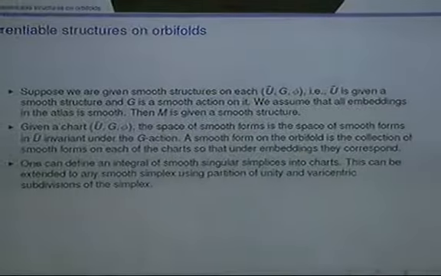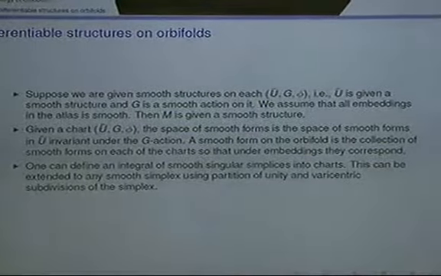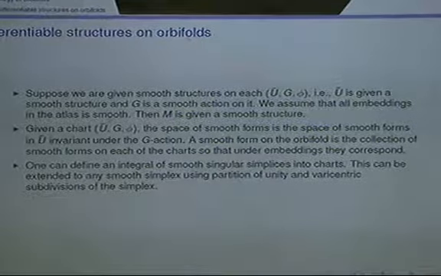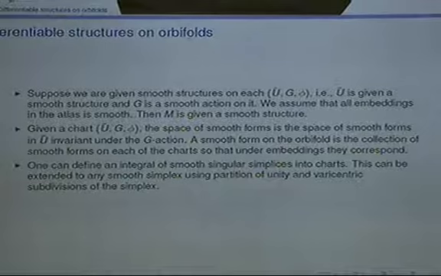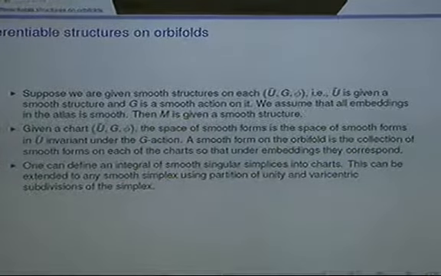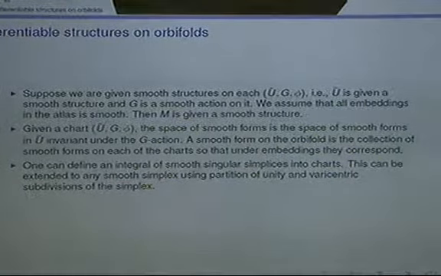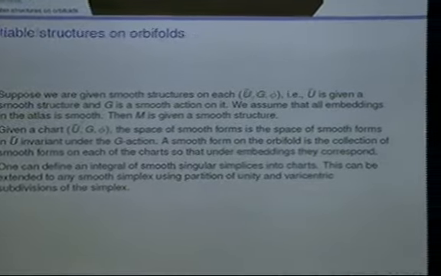And then you can now define integrals. You take some simplices in these orbifolds, and maybe they are complicated. But the main point is that when I say simplex, it means that it can locally be lifted to these kinds of covers as a simplex.